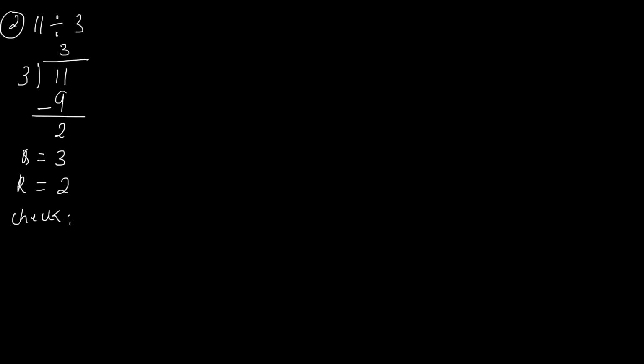How can we check? Divisor multiplied by quotient plus remainder.